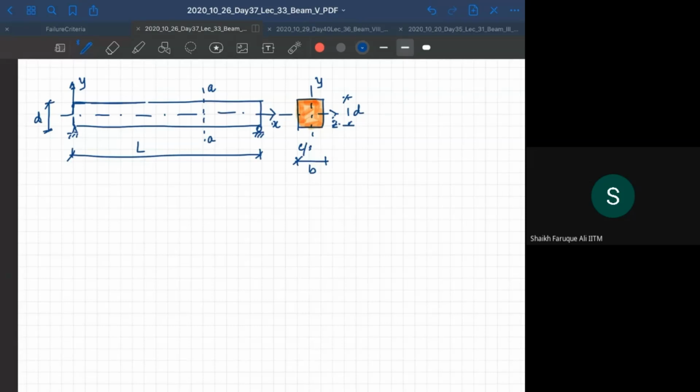Now, if I take this A section, right, section A, if I look at section A, what do I get? Cross section of section A. This is my y, and this is my z. Sorry, this is my z. This is my z, and this is my y.